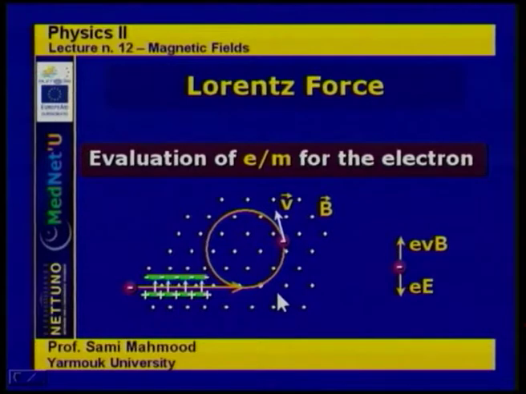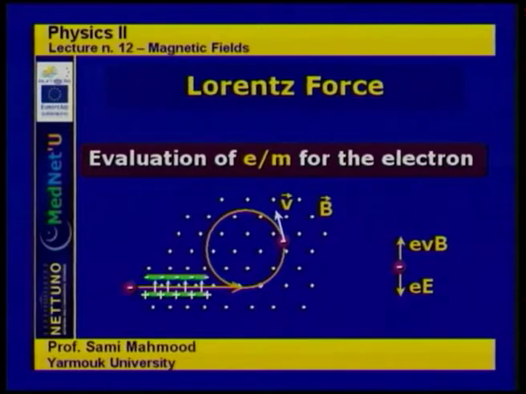It travels with the velocity by which it emerges from between the plates, and because of the nature of the magnetic force, qv cross B, the force is always lateral, always perpendicular to the velocity direction, which will make the path a circular path.